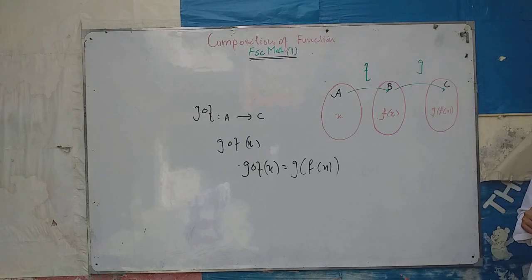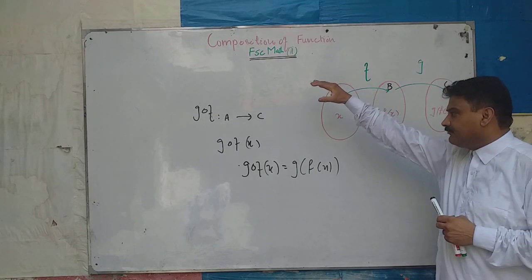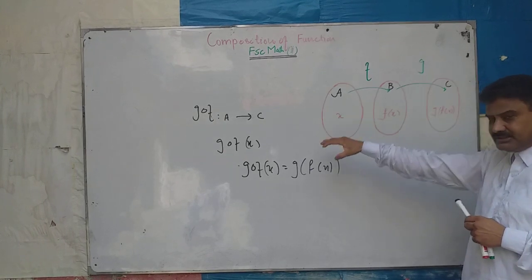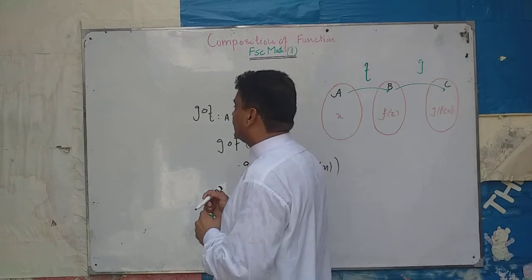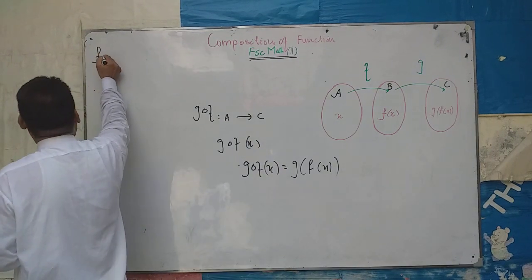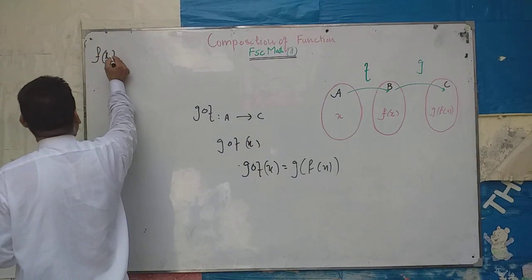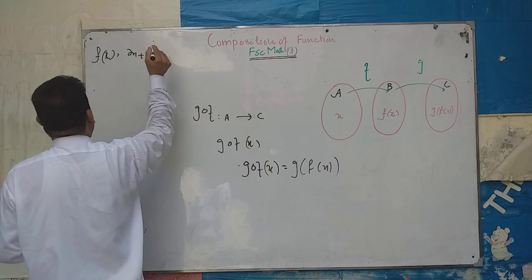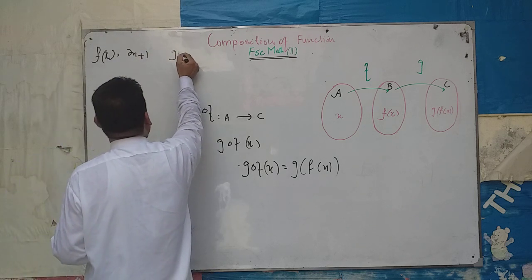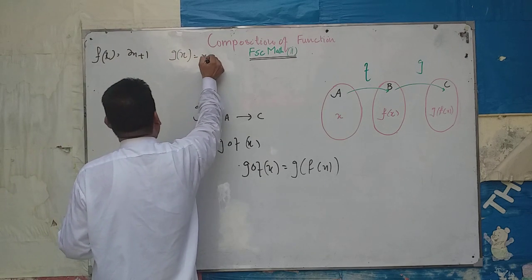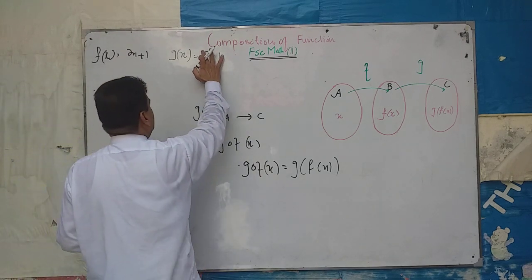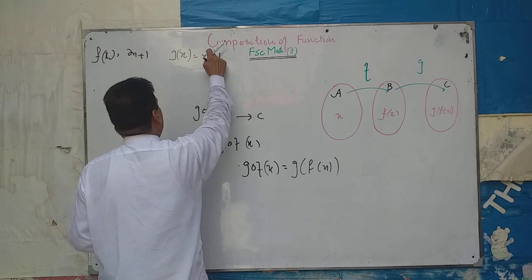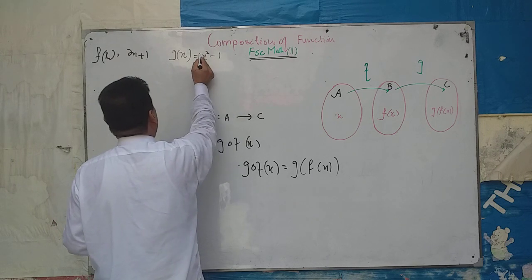In order to understand the concept of function better, we take an example. f of x is defined by 2x plus 1 and g of x is defined as x square minus 1.